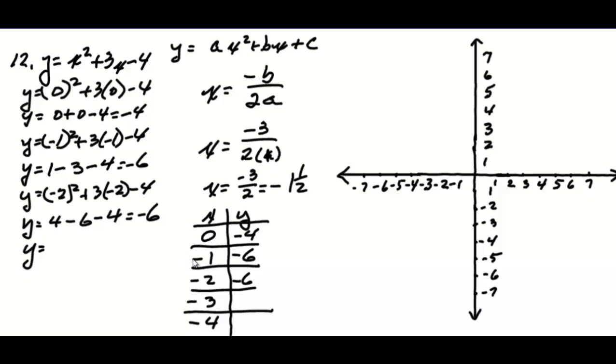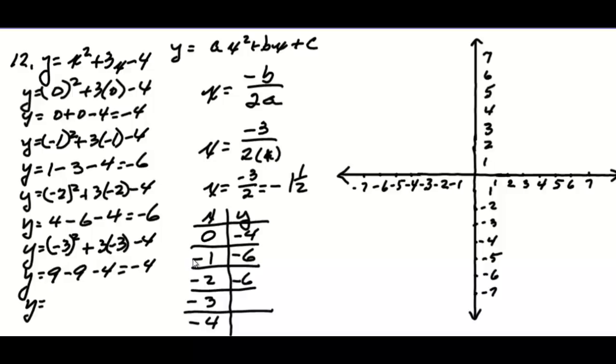In the next one, we're going to use -3. Y equals -3 squared plus 3 times -3 minus 4. So y equals 9 minus 9 minus 4. 9 minus 9 being 0, that's minus 4.